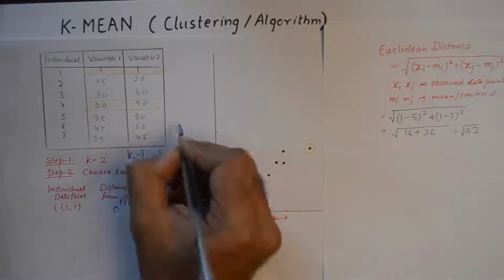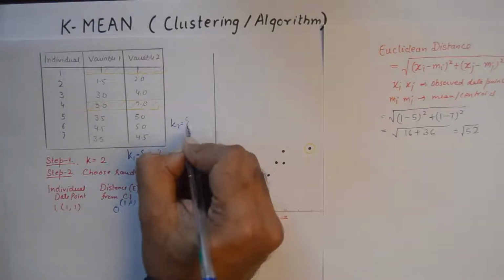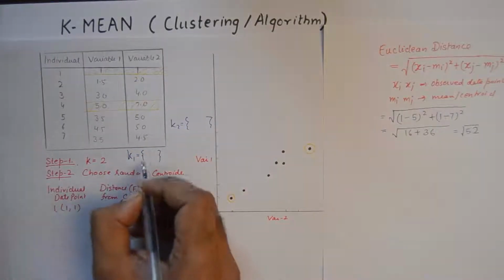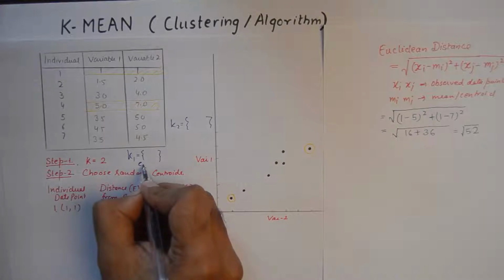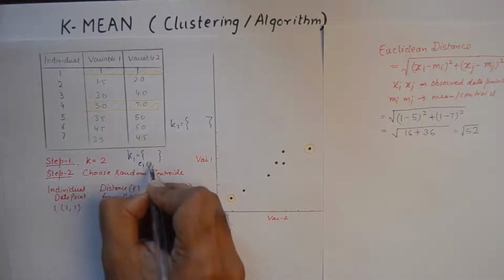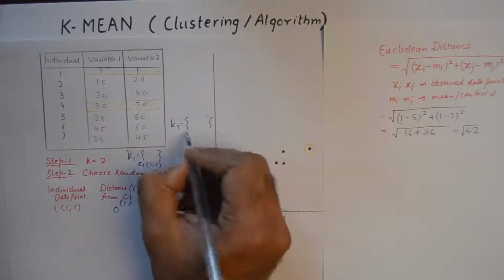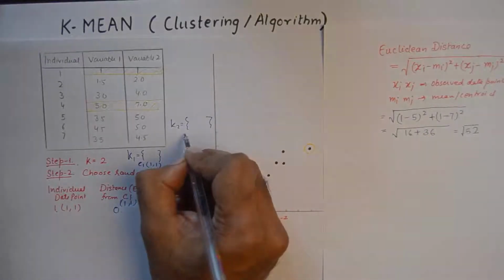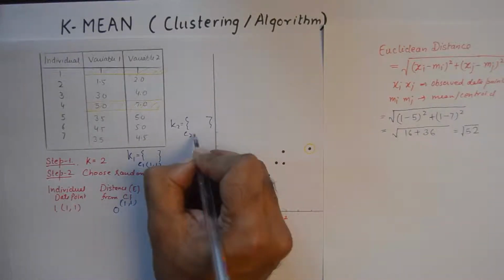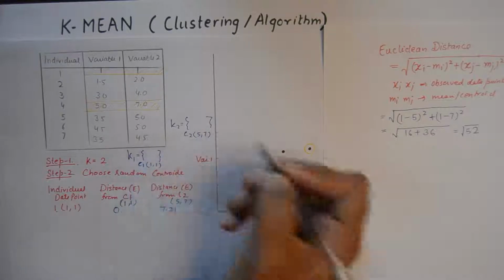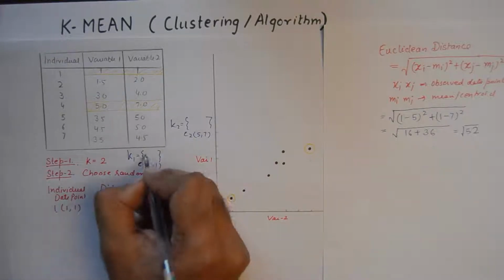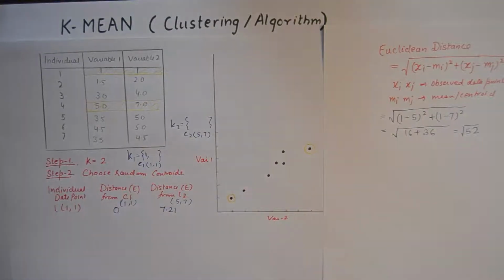So what we'll do is we'll make two clusters, K1 and K2. K1 is the cluster with centroid 1 at 1 1, and K2 is the cluster with centroid 2 at 5 7. So 1 falls into this category.